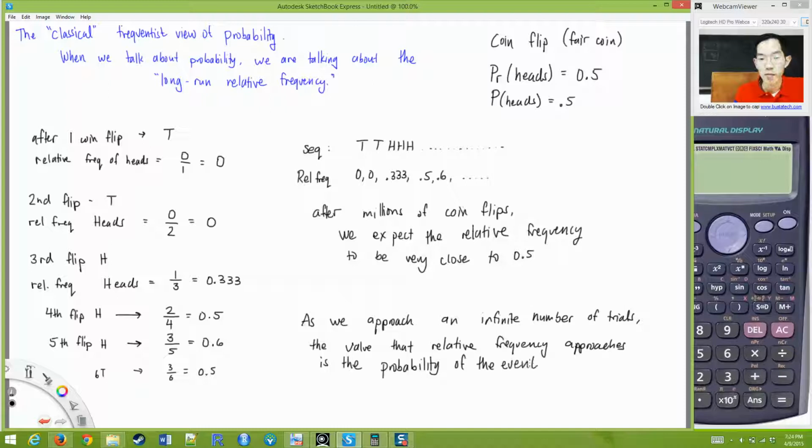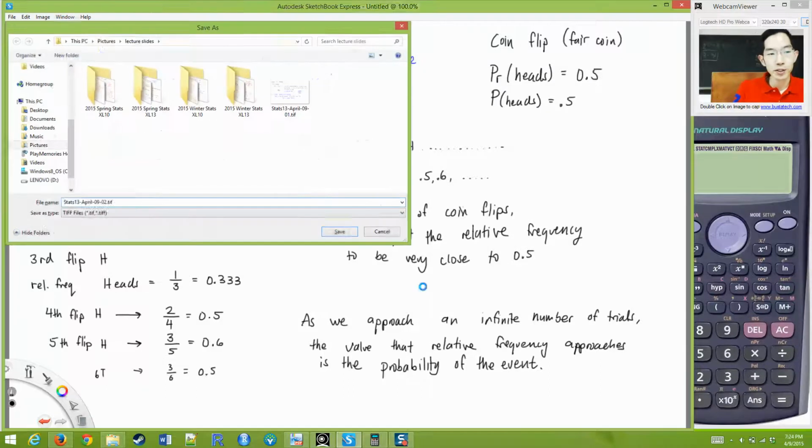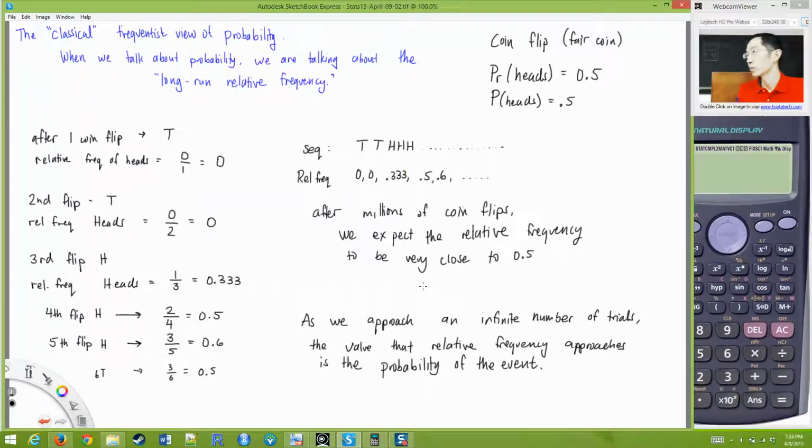Okay, so that is what we mean by this classical frequentist view of probability. We're talking about the long run relative frequency, the value that the relative frequency approaches as we go towards an infinite number of trials.